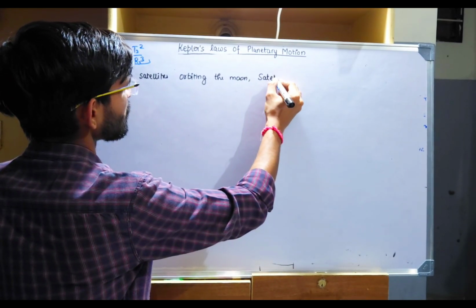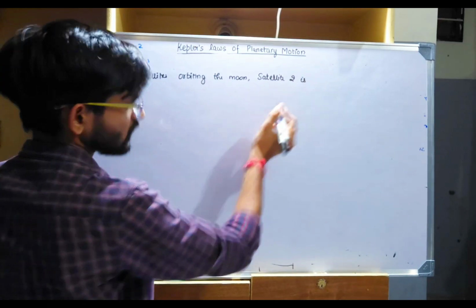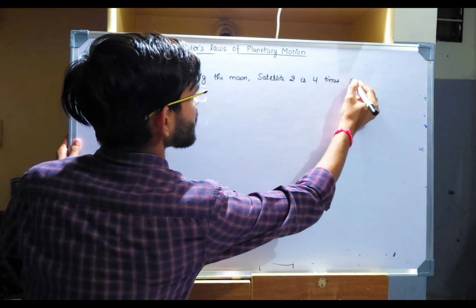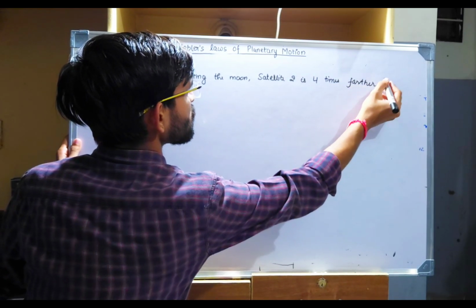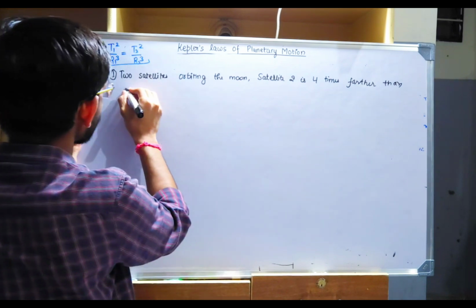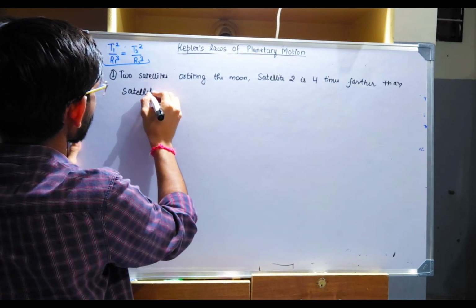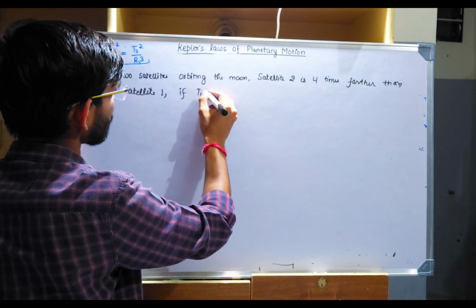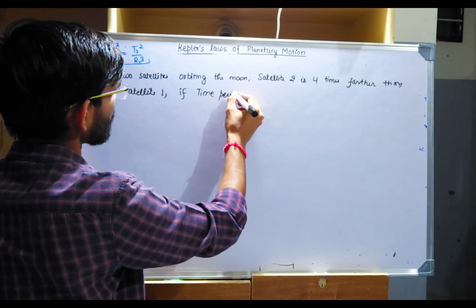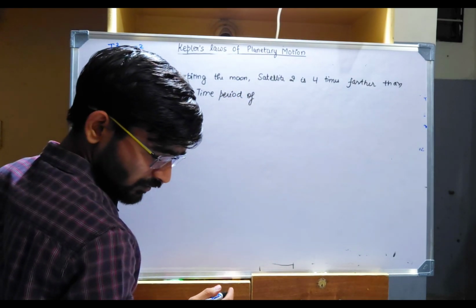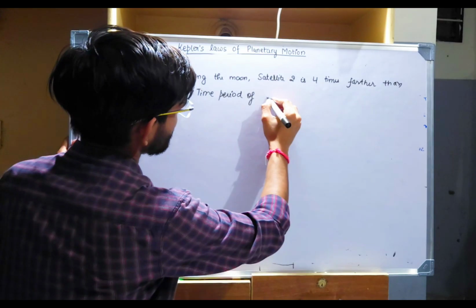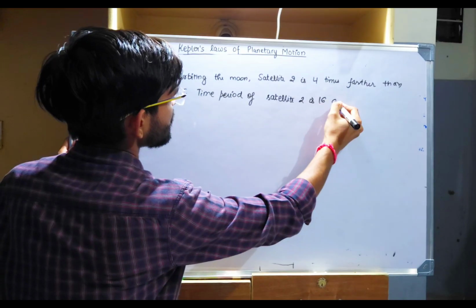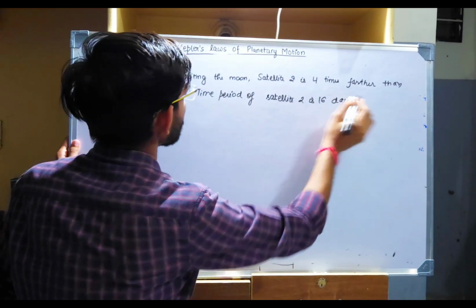Satellite 2 is 4 times farther than satellite 1, and if the time period of satellite 2 is 16 days, find the time period of satellite 1.